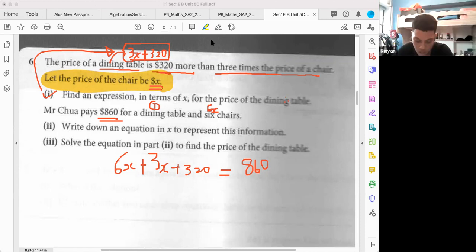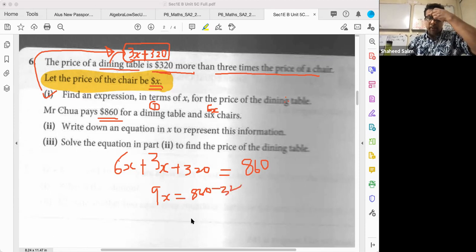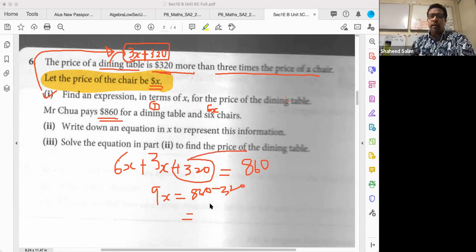Is the answer 131.11? Okay, 131.11. So you check whether you got the same one. You get 9X here, correct? 860 minus 320, you got that? Plus 3X, when you bring it over you must bring it over with a minus.